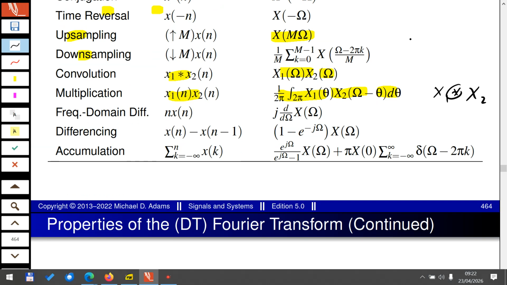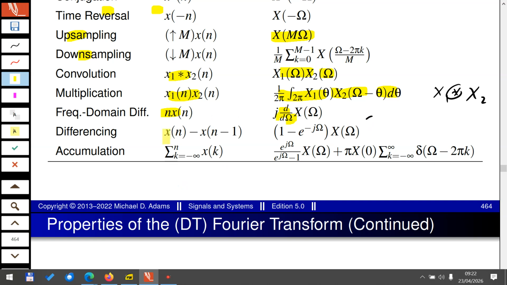And you see some more properties. Frequency domain differentiation: you differentiate with respect to capital omega, with this j sign. And in time domain, it's multiplication. It's very similar to what you had in Laplace transform. It was x of t, and this was t by ds of x.